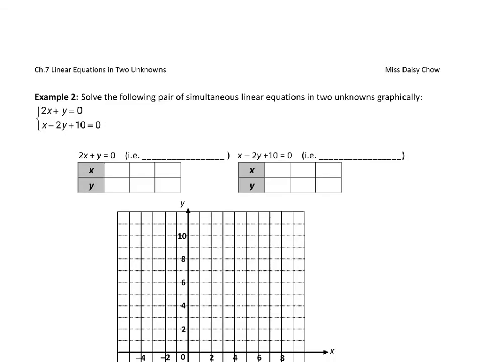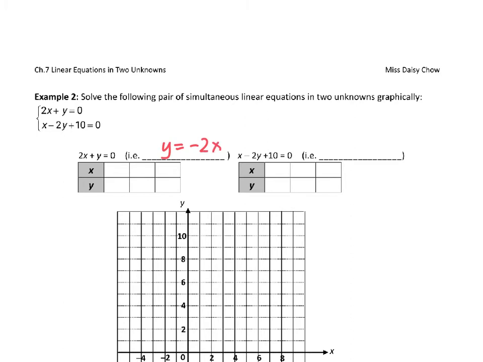So now let's do the questions together. Step 1. You consider the first equation. I suggest you do the change of subject first, so y equals -2x. And then I can substitute x.